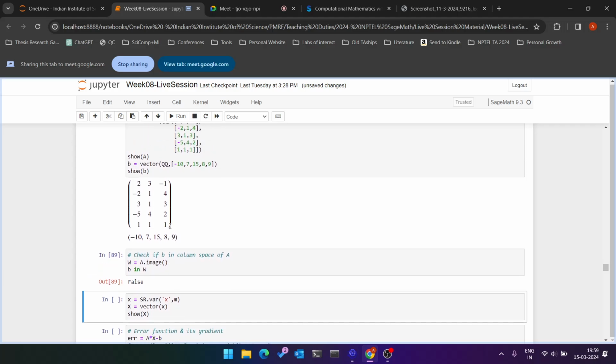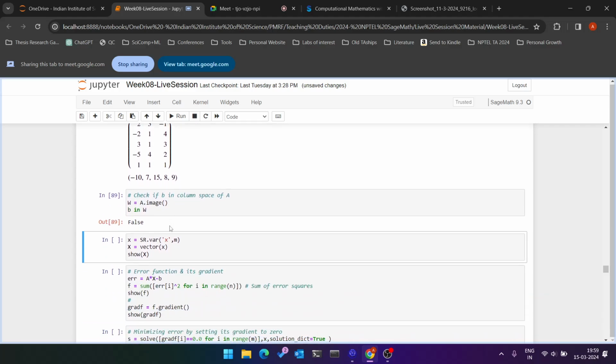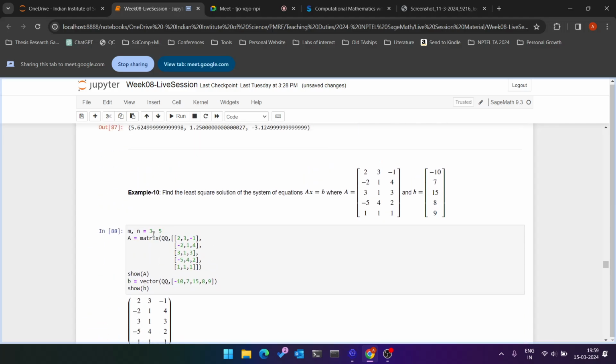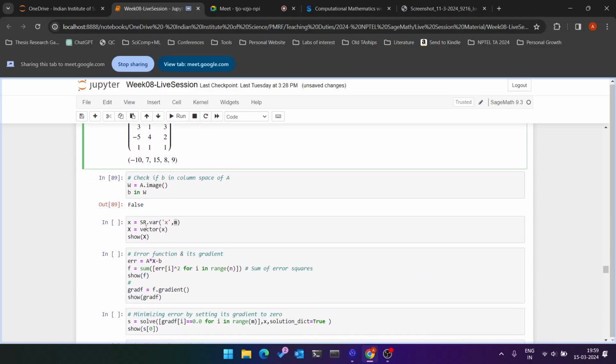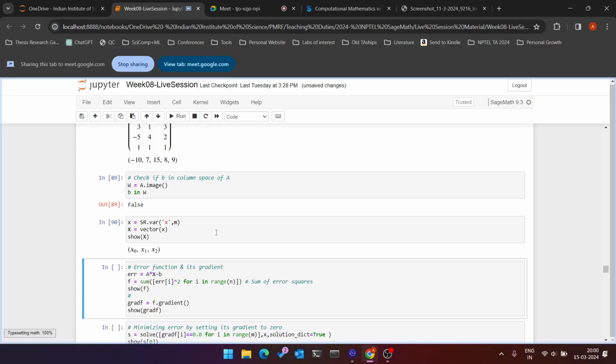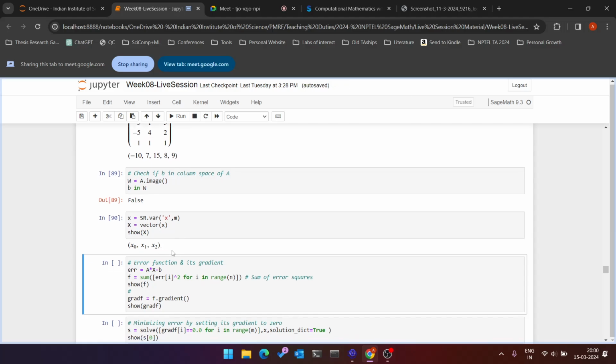Next we define a series of variables starting with the notation x, so x0, x1, x2, with number of variables as m. So m is 3, which we have already defined here. Using that, I'll define the capital vector X, which is nothing but x0, x1, x2.